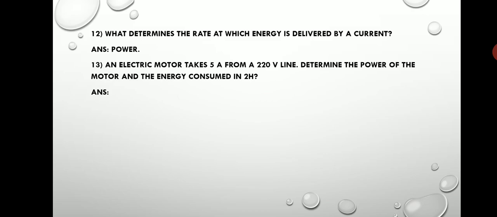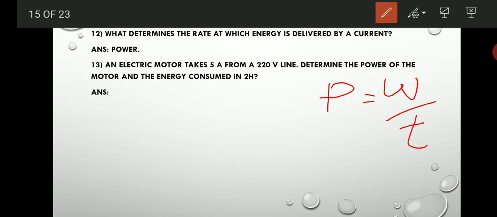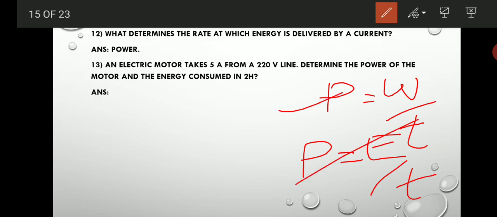This is also the rate of consumption of energy. See, we can also write P is equal to work done by T. So this you already had in 9th standard, or it is equal to E over T. Okay, both are correct. So here mainly the power determines the rate of consumption of energy.